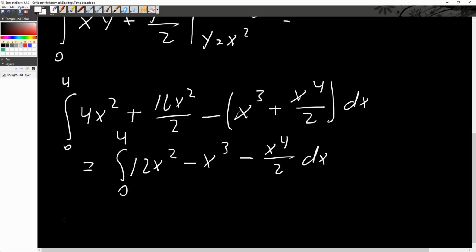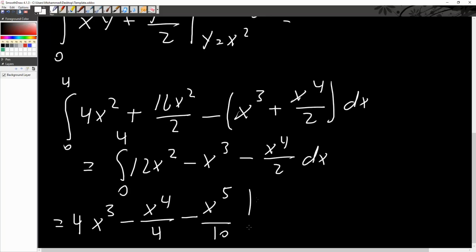And so we would get 4x cubed minus x raised to the 4th divided by 4 minus x raised to the 5th divided by 10. And now we plug in 0 and 4.